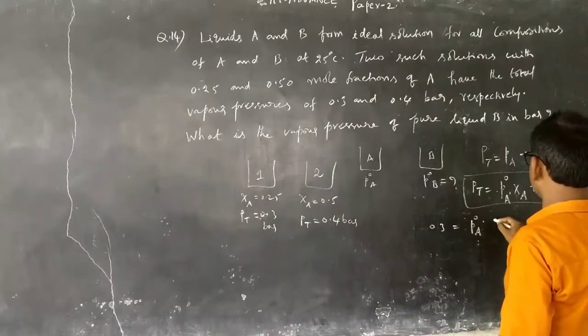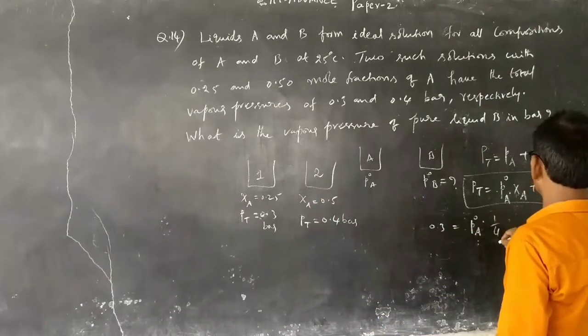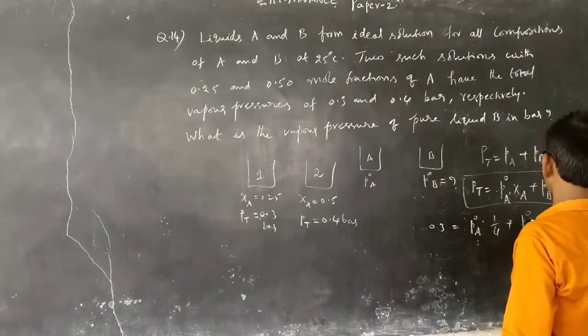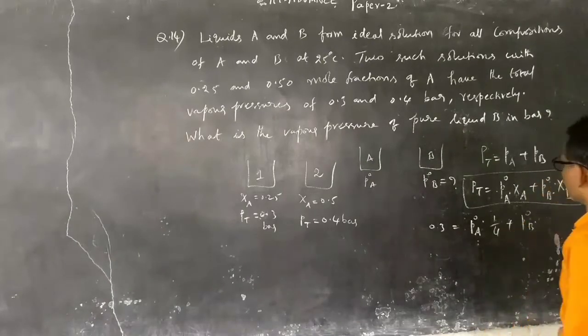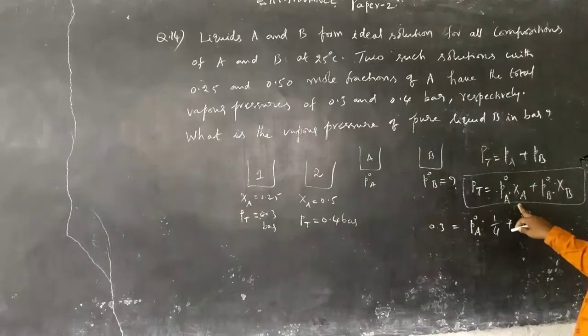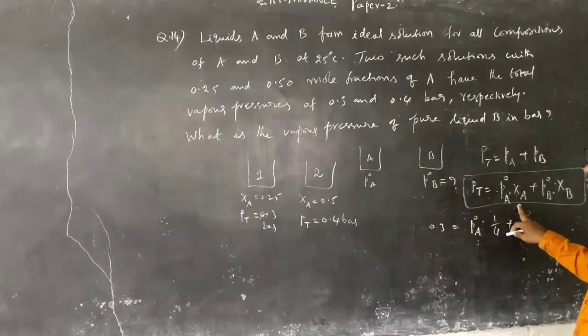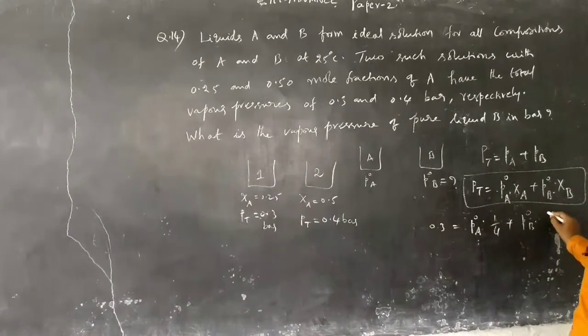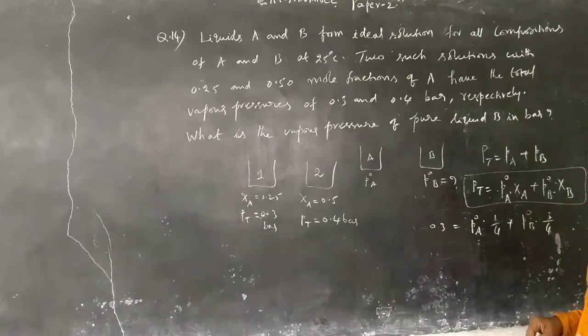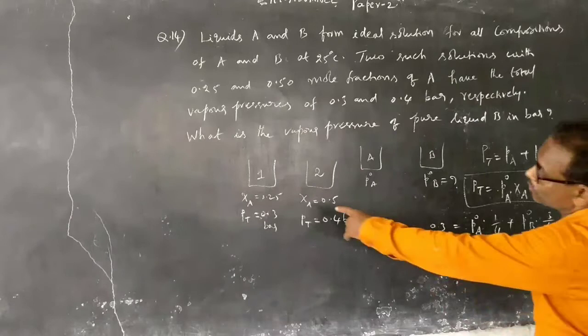That is 1 by 4. That means A is about 1/4 out of the total part. Then B will automatically be 3/4, because the sum of the mole fractions is equal to 1. So this is one possible equation by using solution 1.